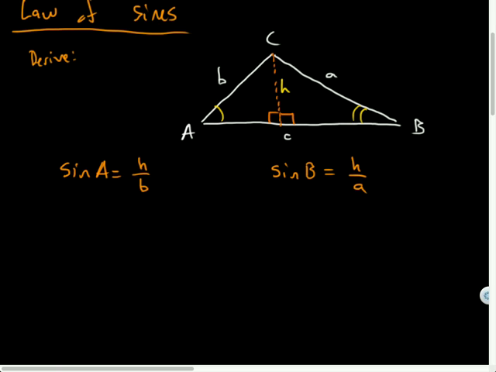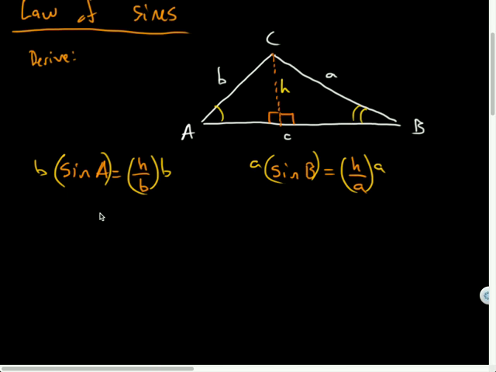Now watch this, my mathematical friends. What if I multiply both sides by B? And over here I can multiply both sides by A. Well, look at this. I've got two equations.